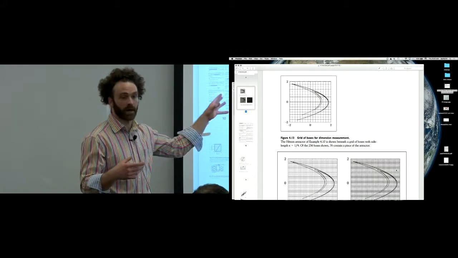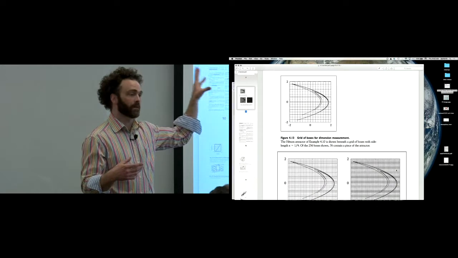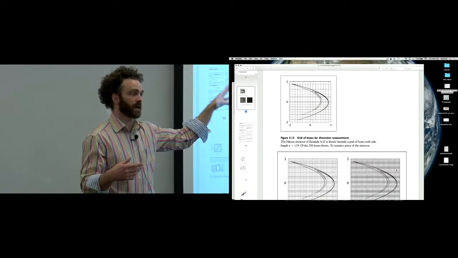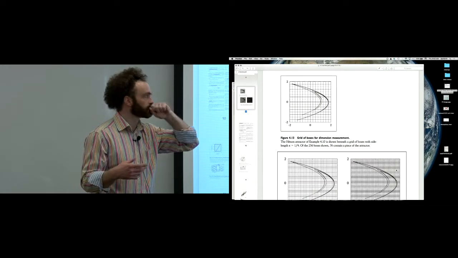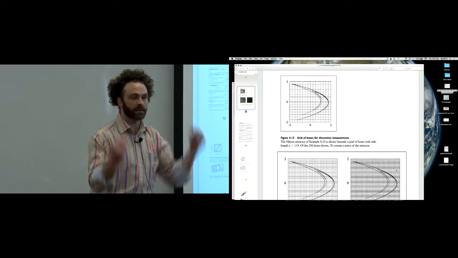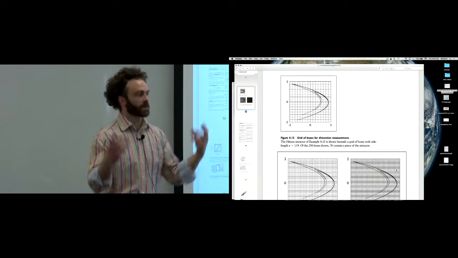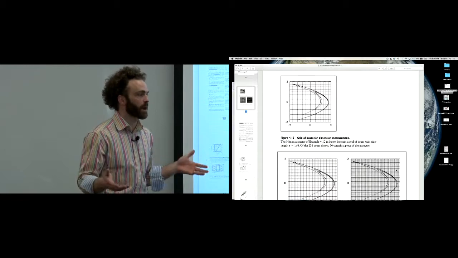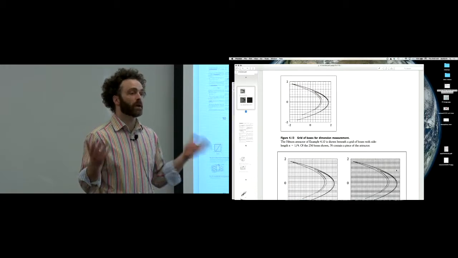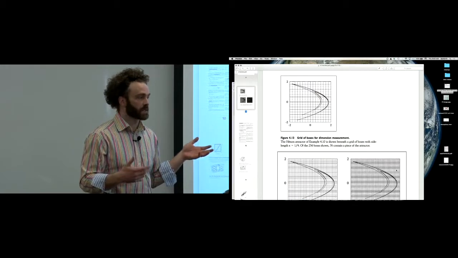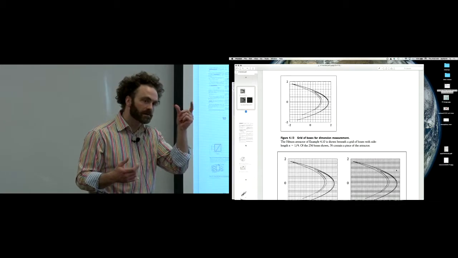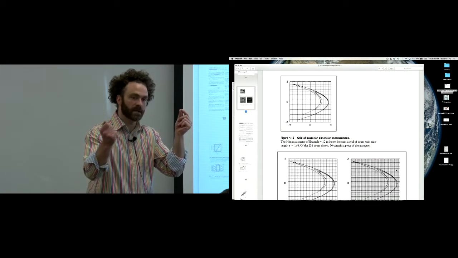Well, we make these boxes one way. We make boxes, and we count the number of boxes that have a piece of the stuff in them. And then we cut the boxes in half, and we cut the boxes in half again. Each time, there's lots more boxes, but not all of the new boxes are going to have pieces of the set in them. So as the box size shrinks, the number of boxes that have pieces of the set in them goes up.